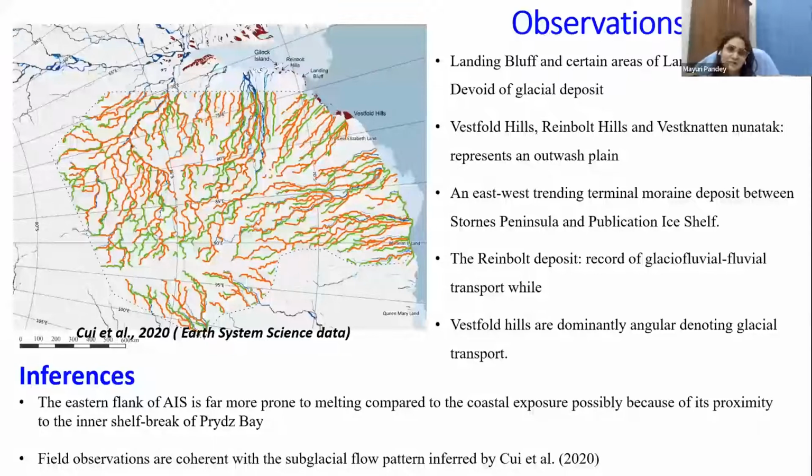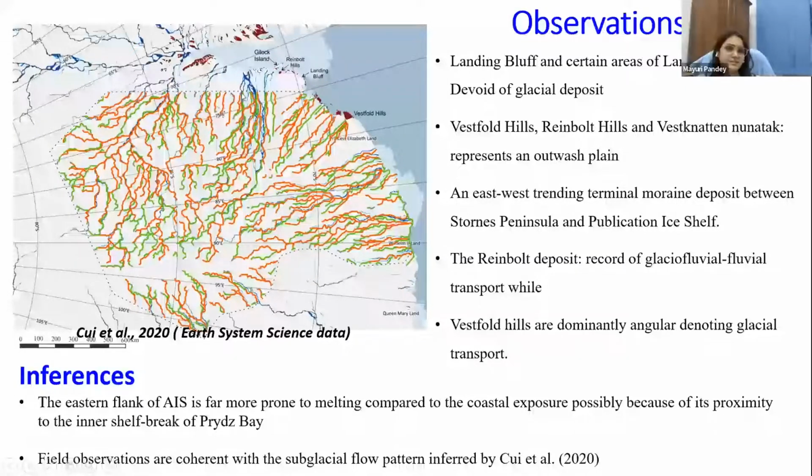The second thing which is interesting to find out of this work is that the eastern flank of the Mayuri ice shelf shows a significantly different type of melting behavior or different type of sediment supply as compared to the coastal areas of the Prince Bay.